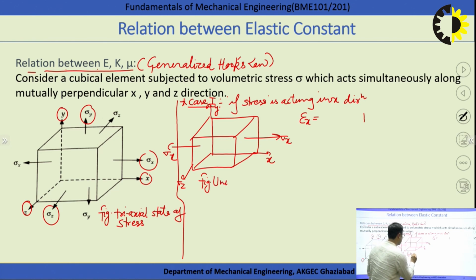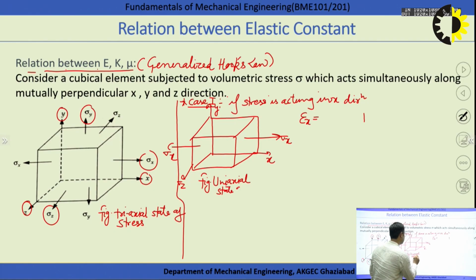If the stress is acting only in one direction, how can we represent it? Uniaxial state of stress. This figure represents the uniaxial state of stress. In the case of uniaxial state of stress, we are interested to calculate how much strain is induced in x direction, y direction, and z direction.